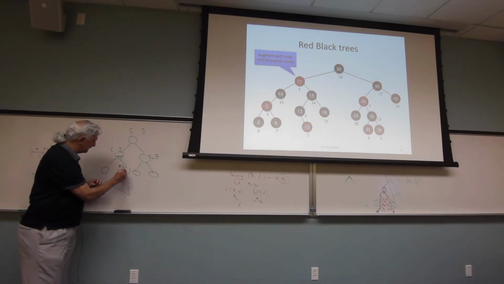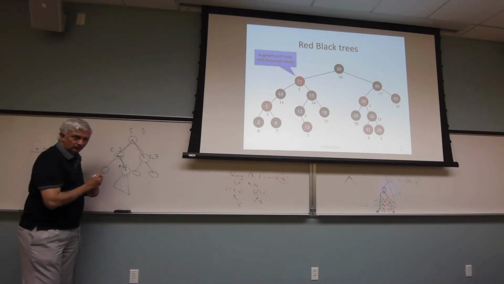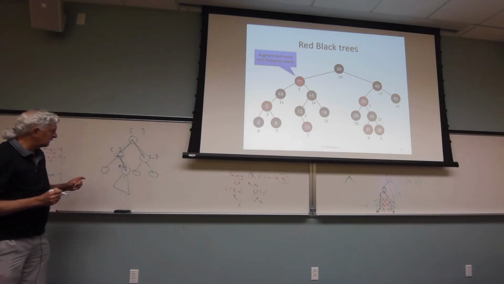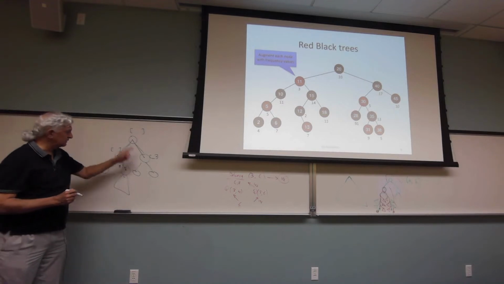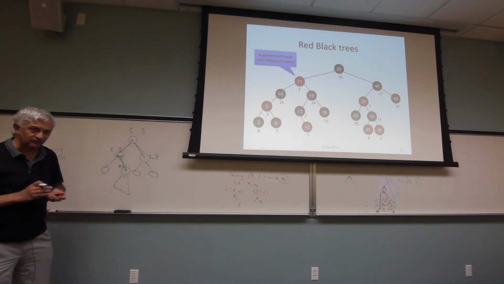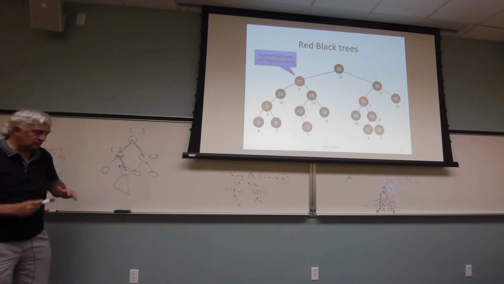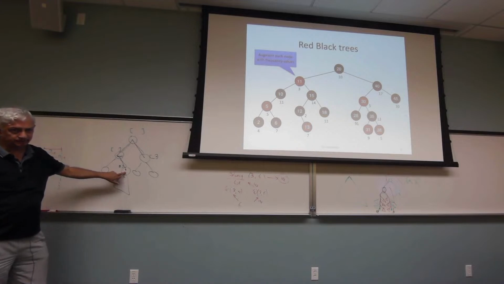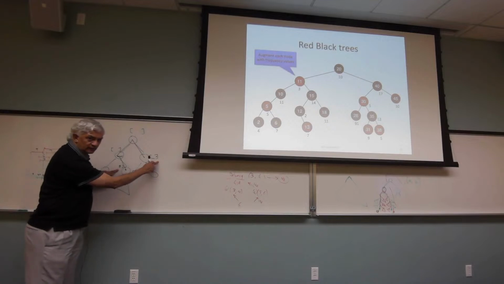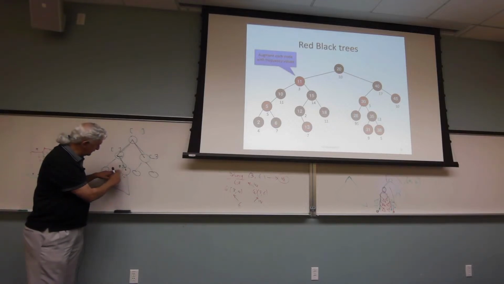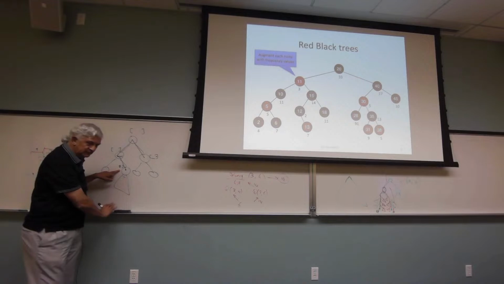So I'm only concerned about all these four nodes, and so I only have to change the maximum values in these four things if it gets affected. So I will check over here. The new interval goes from the left end point of this to the right end point of this. So it includes this entire subtree. If it's larger than the maximum I've stored here, I'll update it. I won't do anything below this.